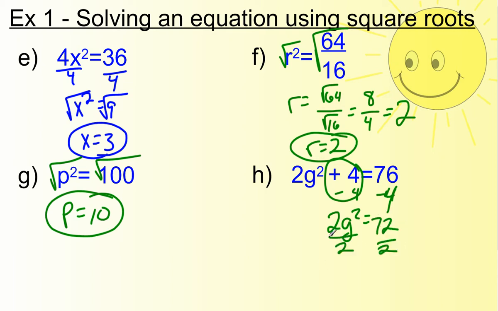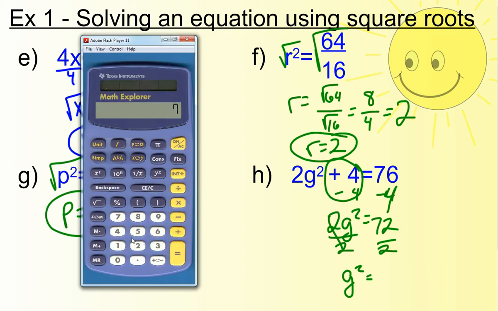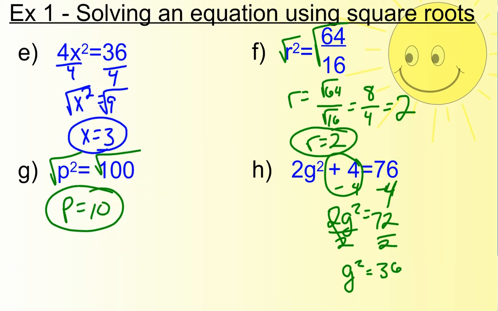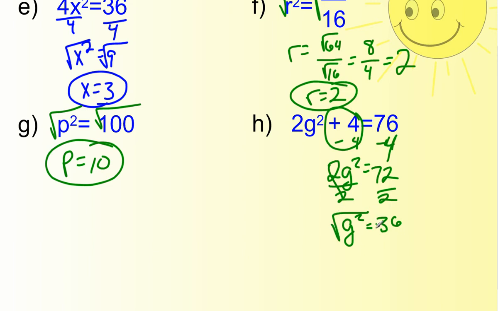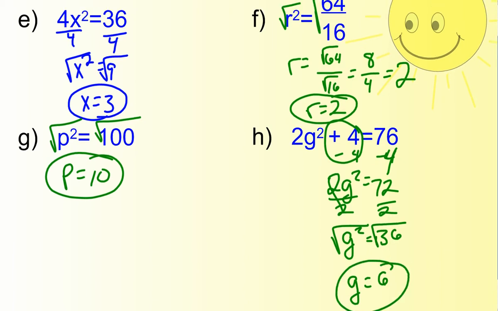Divide both sides by 2, giving you g squared equals 36. 72 divided by 2 equals, yes, 36. And then we square root each side, cancels out the square, and g equals 6. Well, that was fun.